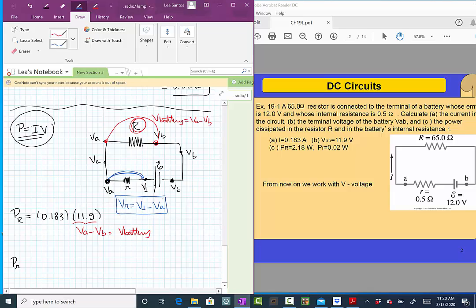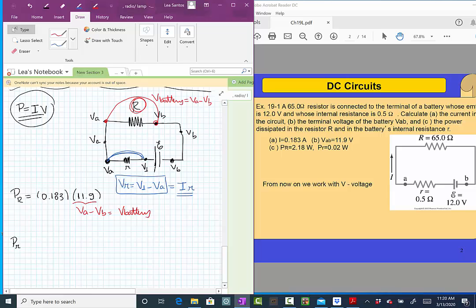Is not the potential difference of the battery, is not the EMF. How do we get that? Well, you can use Ohm's law. Ohm's law tells us that this potential difference is the current going through that resistance multiplied by that little resistance. Okay, all right. So if we want to compute the power dissipated by the little resistance using this equation, careful with the V that you're going to put there. The current is 0.183. What is the potential difference?